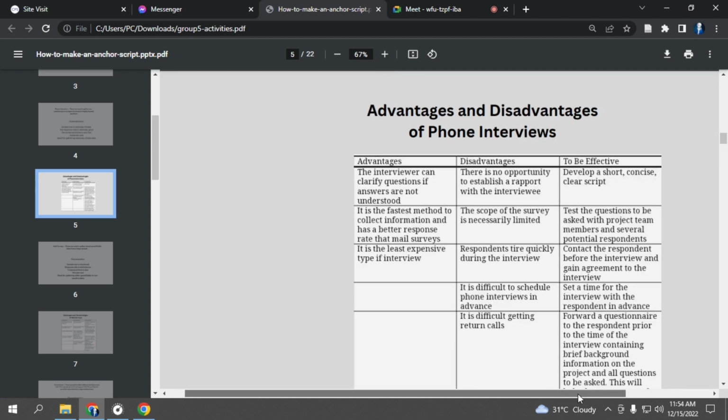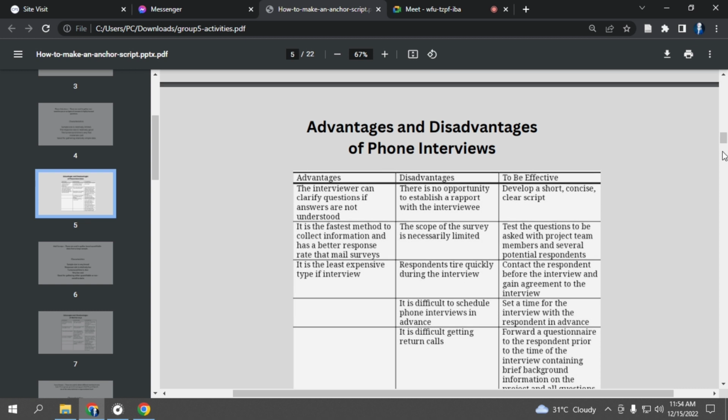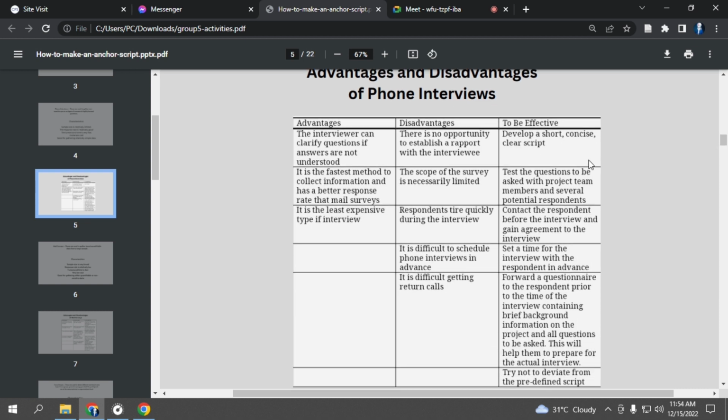Advantages and disadvantages of phone interviews. Advantages: the interviewer can clarify questions if answers are not understood. It is the fastest method to collect information and has a better response rate than mail surveys. It is the least expensive type of interview.